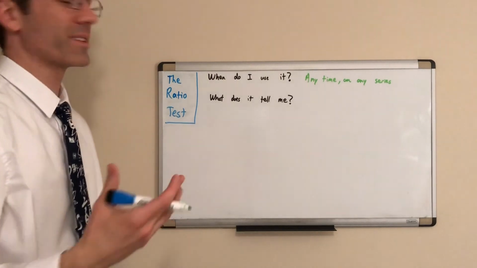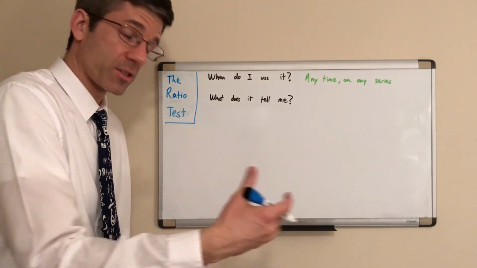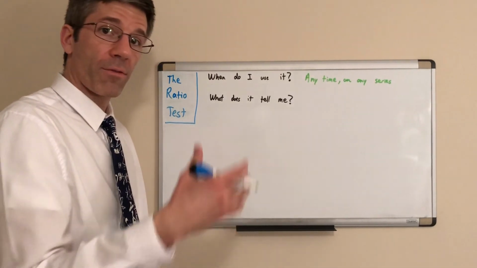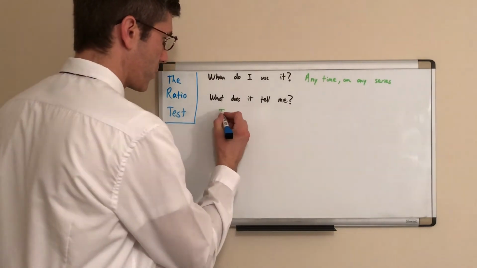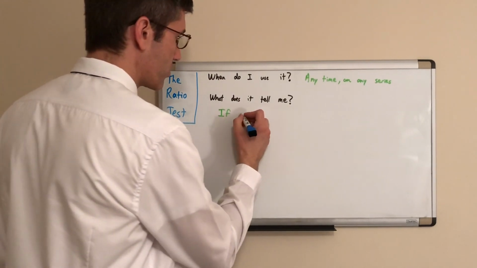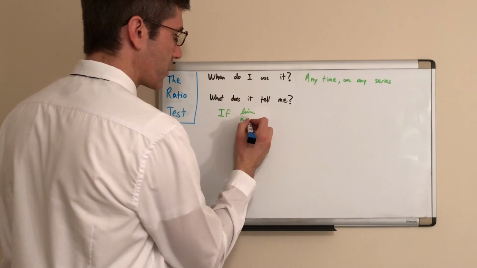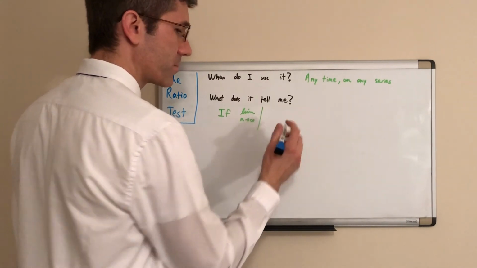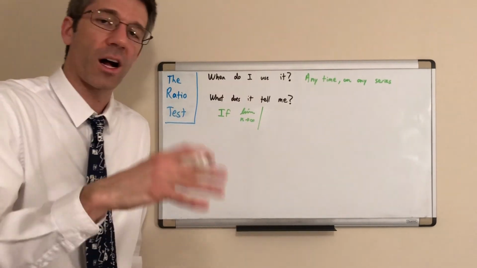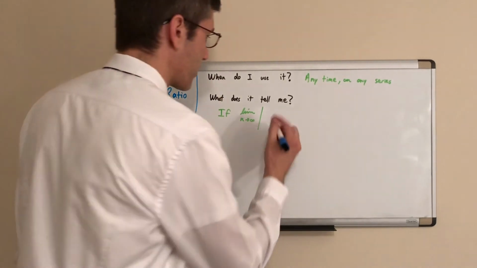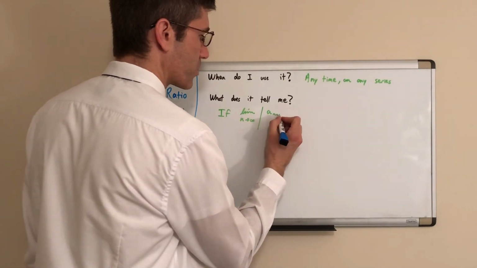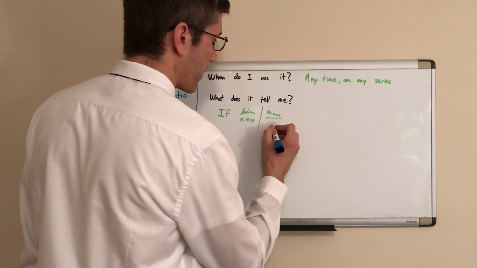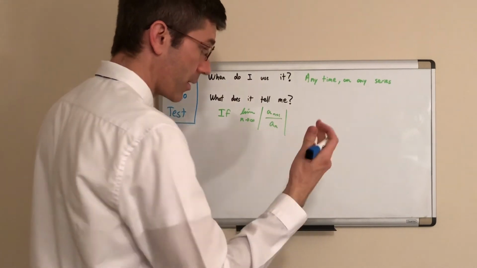So what does it tell me? Well, it's a lot like the last test, the root test, in that we have 3 different categories for what it could do. But first, let's write down what you have to do. So if the limit as n approaches infinity of, now we're going to do an absolute value here because if it's alternating, we just want to pretend like it's positive. So a sub n plus 1, that means the next term, divided by a sub n, and that's the current term.